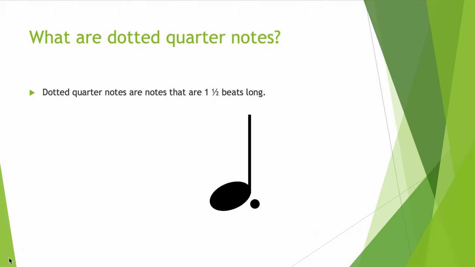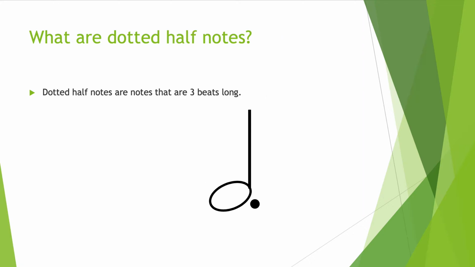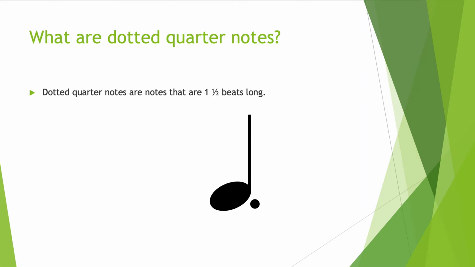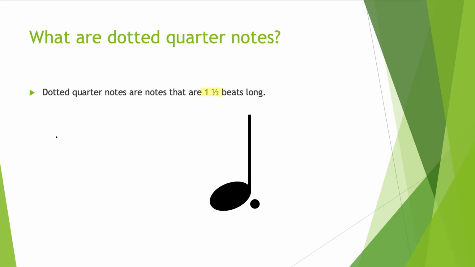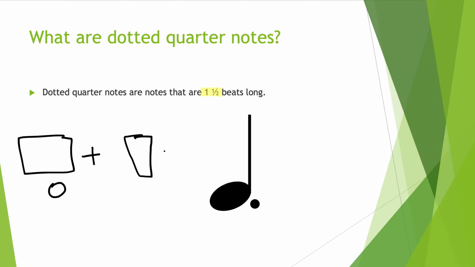So now, what are dotted quarter notes? Dotted quarter notes and dotted half notes, which we will be talking about, are the most common types of dotted notes. So dotted quarter notes are notes that are 1.5 beats long. So how did we arrive at this number? Well, based on our formula, we take the original value plus the original value again divided by 2.